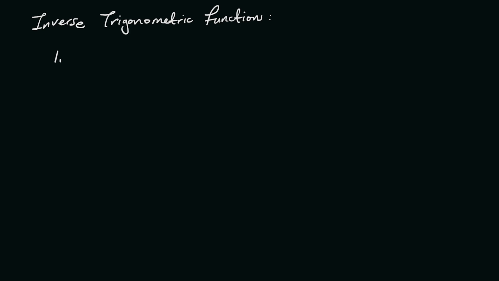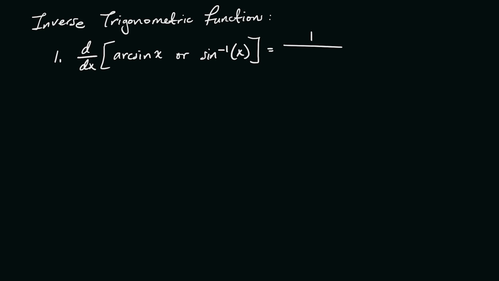So for the first one, let's do the derivative of arc sine x or sine -1 x. And that's just equal to 1 over the square root of 1 minus x squared.